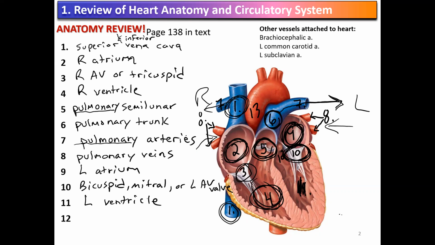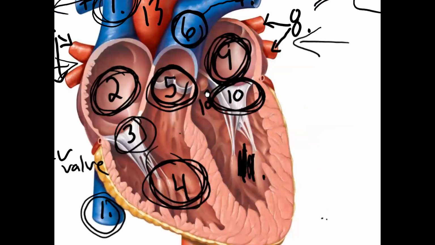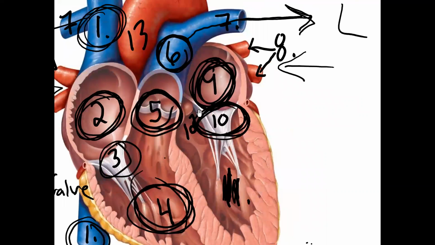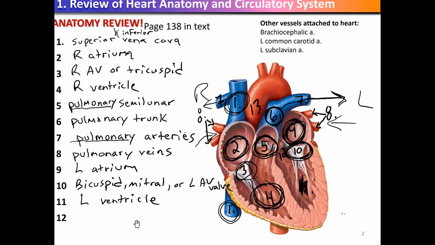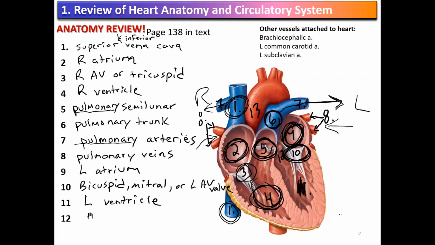And this last one is hard to see, so I magnify it right here. That valve right there leading to this vessel, which one is that? Aortic semilunar, yes. Good, you passed.